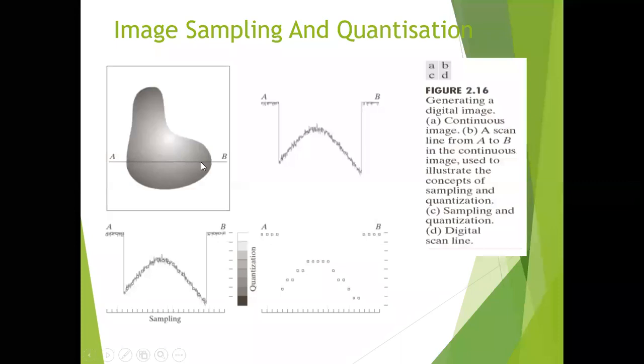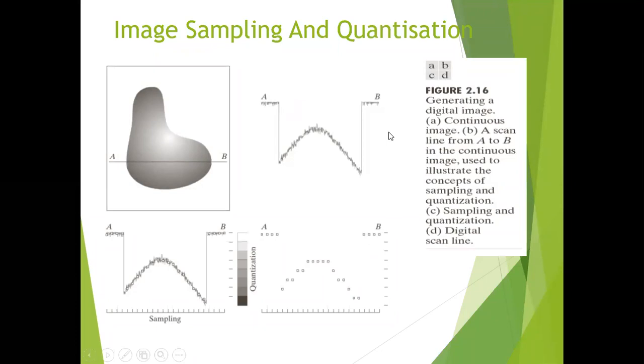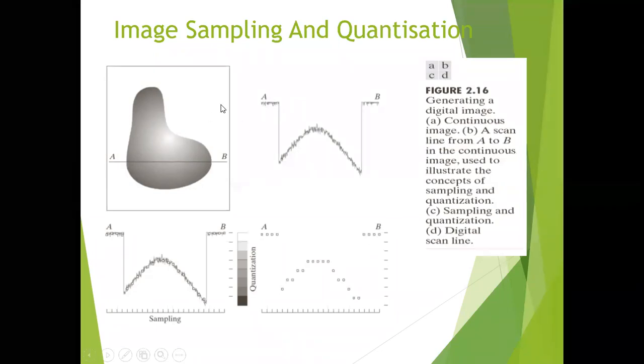AB is one particular axis, the x-axis. On that axis, what intensity levels will we measure? From A to B there are different intensity values, varying in this fashion. That axis is almost like a signal, and that signal is then quantized to a particular value. After sampling we get it like this, and after the sampling there will be a quantization. That procedure is similar to quantization in signal processing.